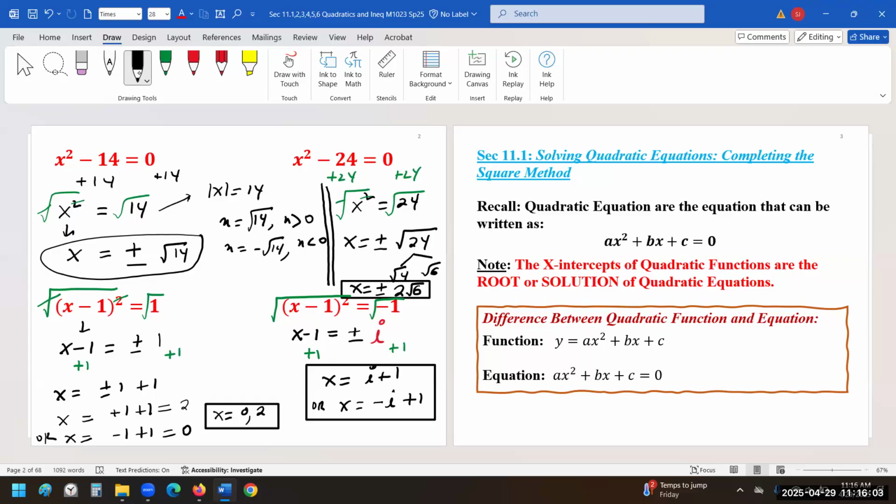Now, let's say we have something that is not factorable. Then you have three choices. Either you graph it, which is kind of harder if it's not factorable, or you use the quadratic formula, which you already know, or there is a new method called completing the square.